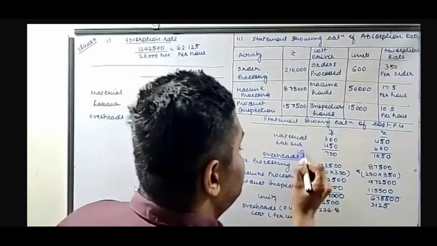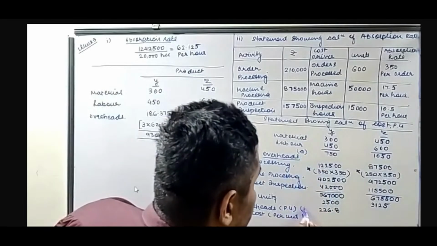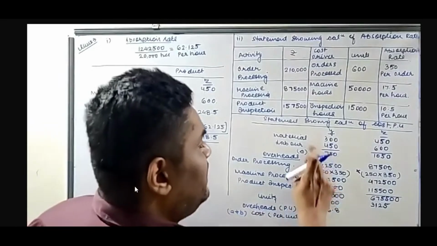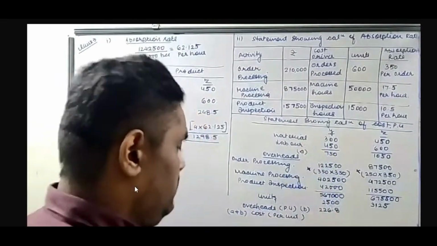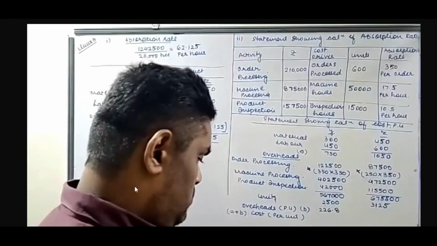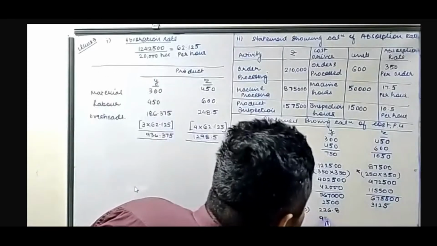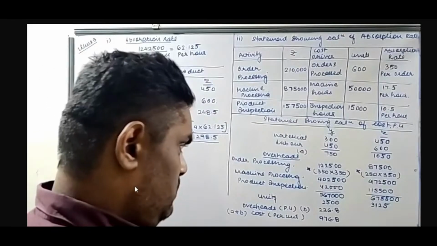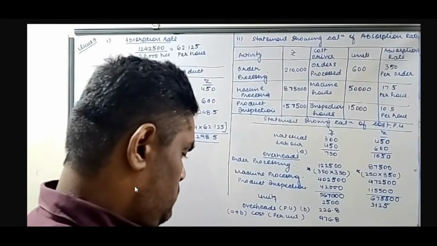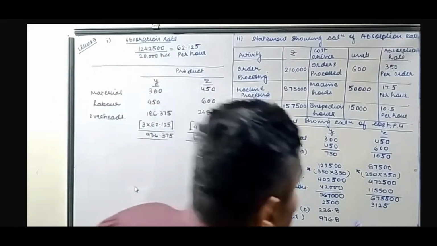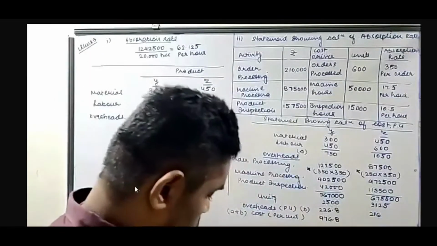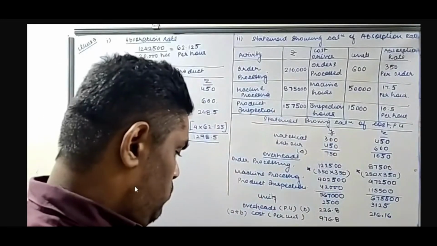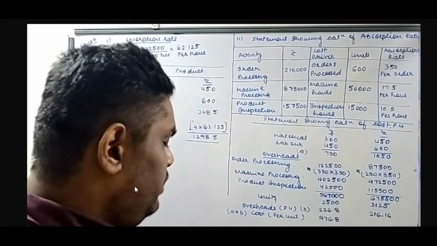Let's say this is A and this is B. So cost will be material, labor and overheads: 976.8 and 1266.16.